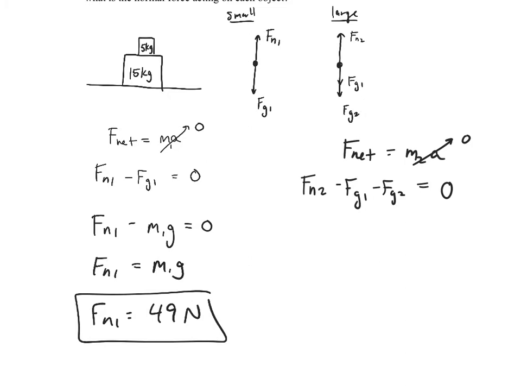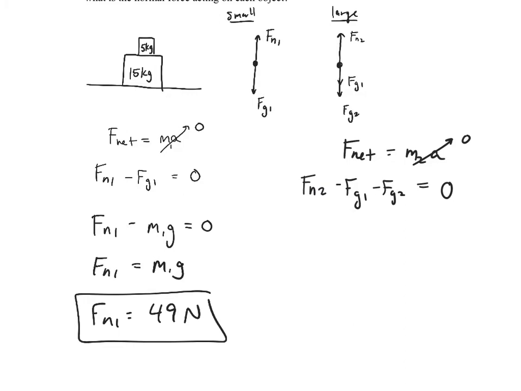So Jack did something which is fine. He said Fn2 minus the sum of these, which you can do. But then you would just distribute the negative anyway, wouldn't you? So I'm just going to write them both as negative because they're both acting down. I like to just look at diagrams. I stare at my free body diagram and I say, what's up? What's up is Fn2, so that's positive. What's down are these two, so those two are both negative.